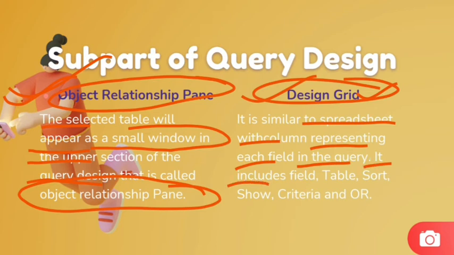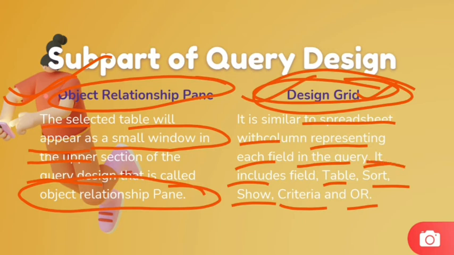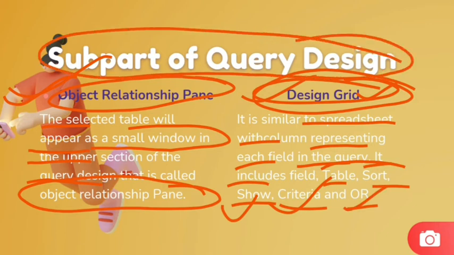It includes field, table, sort, show, criteria and or. These two are the subparts of the query design whenever you are creating a query with query design. I will show the query design and the query wizard in the practical.